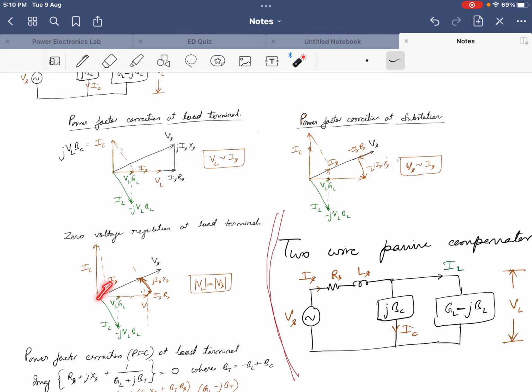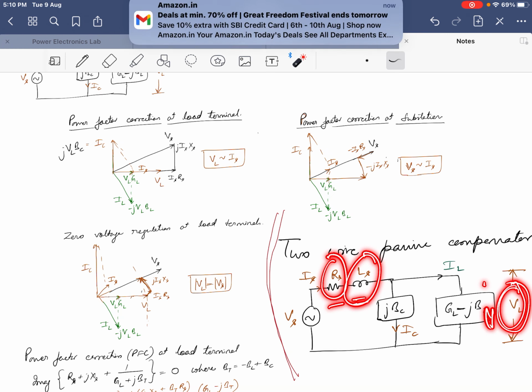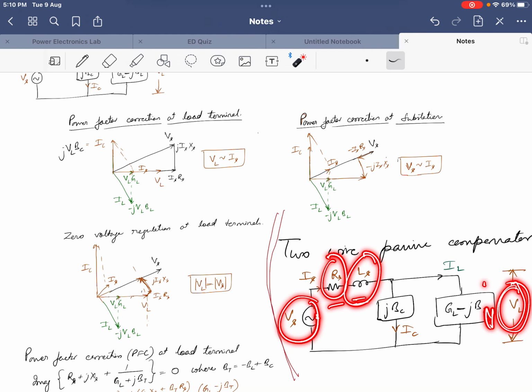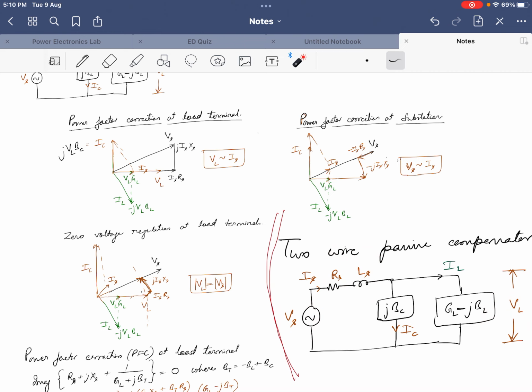And in this phasor diagram, if you put a KVL, VL added with IS RS and IS times jXS, if you add these three voltages, you will get the value of VS. So we take VL, IS RS, and the inductive drop, and we add these three, and what we get is the VS value.